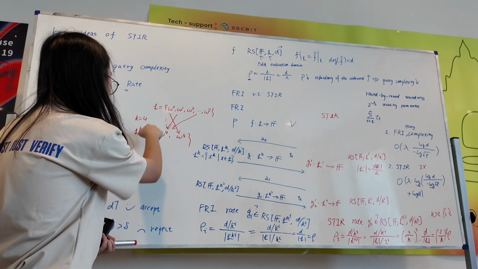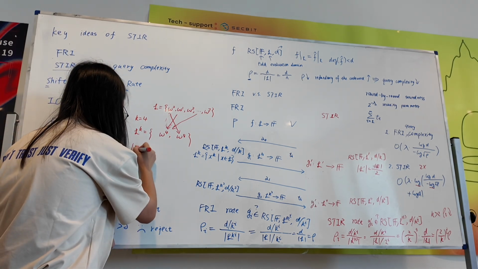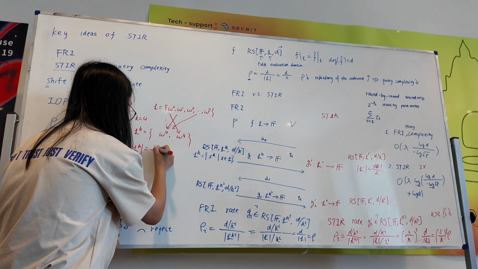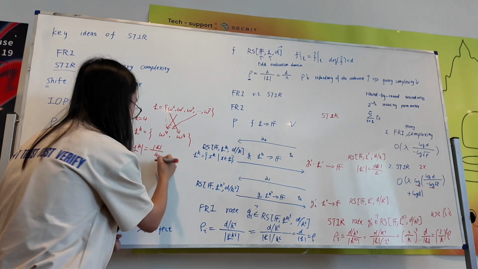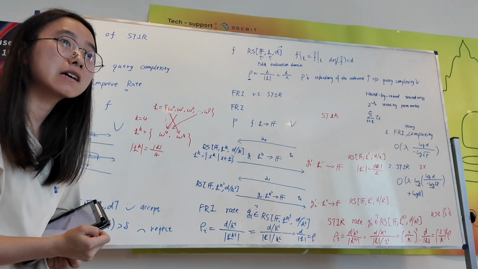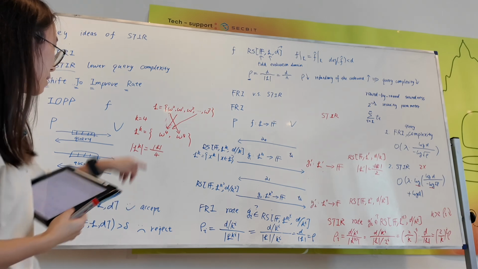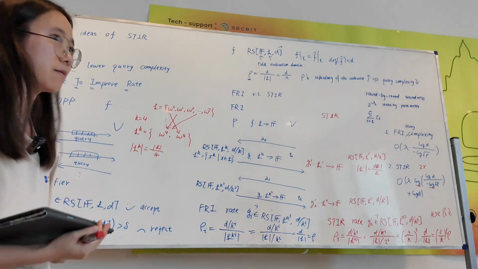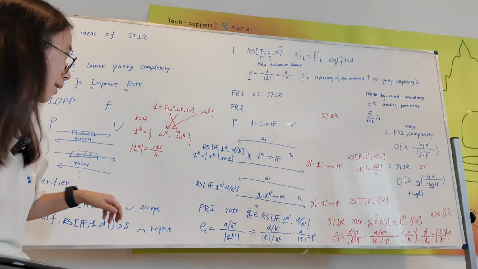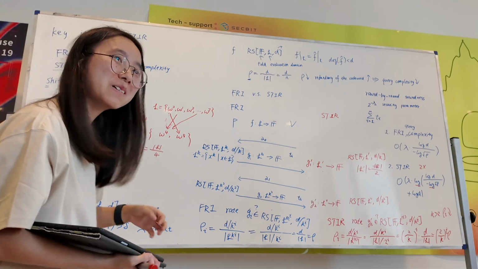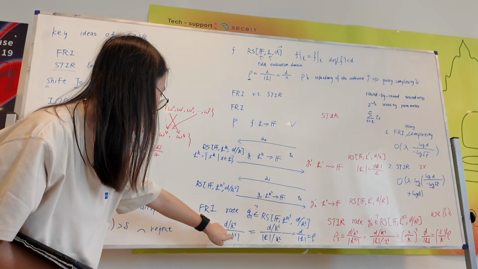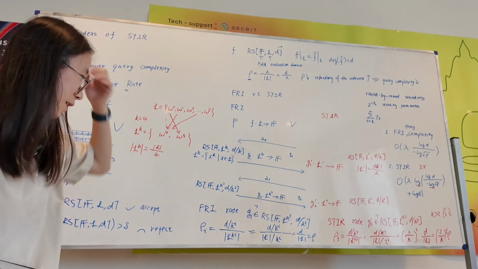So the size of L^k will be L over 4, right? This is FRI, it is the same. Right, okay.